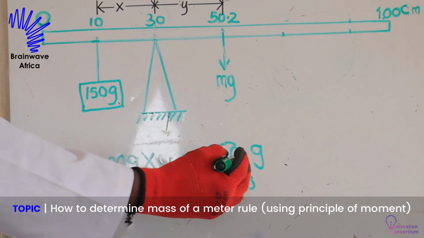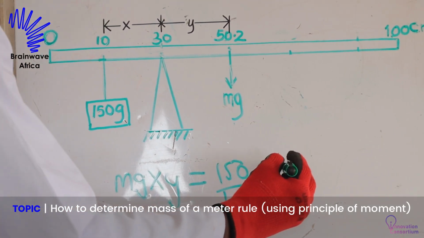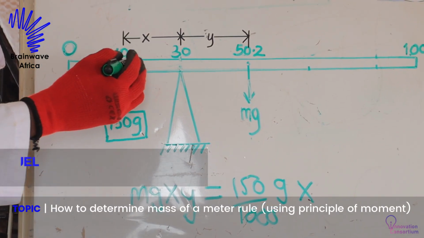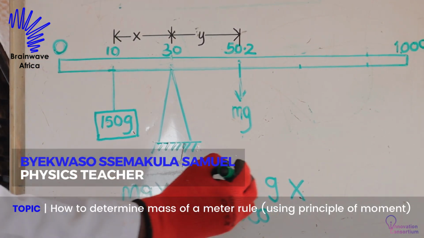We are trying to get the weight, times the perpendicular distance of the line of action of this weight from the pivot, which is X.